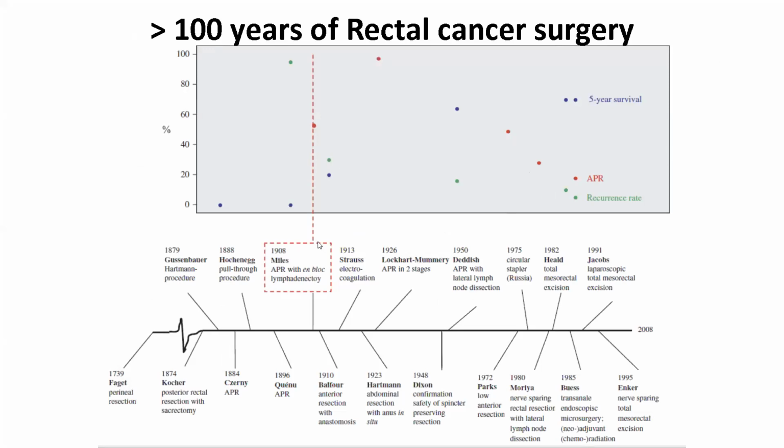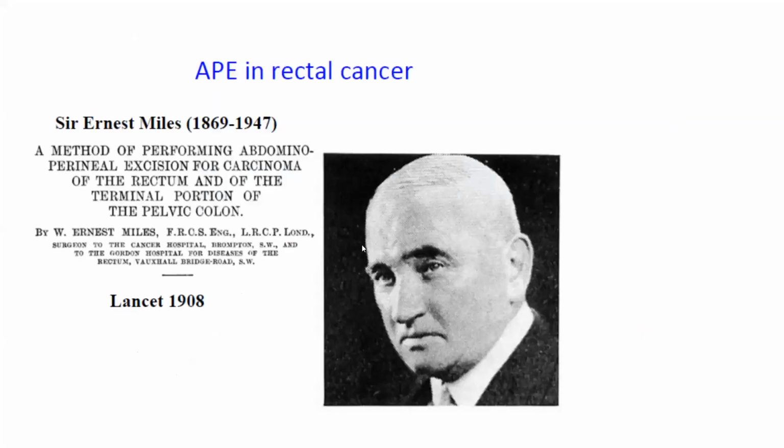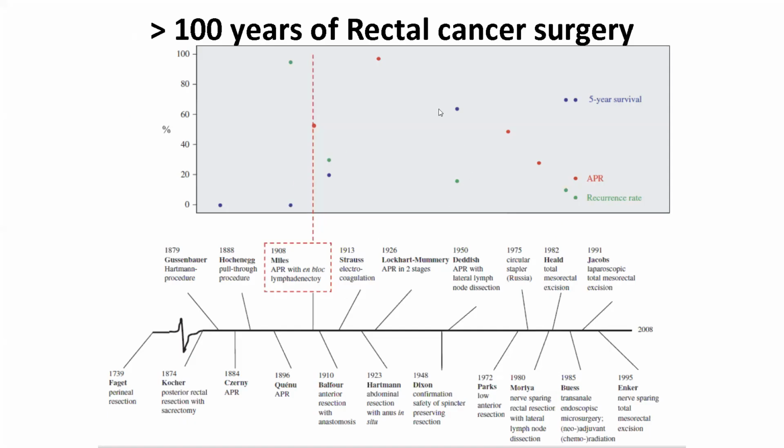This Miles APR was done from 1908 to 1923. And the next important change in the concept of rectal cancer surgery happened after Heald's description of the total mesorectal excision in 1982.